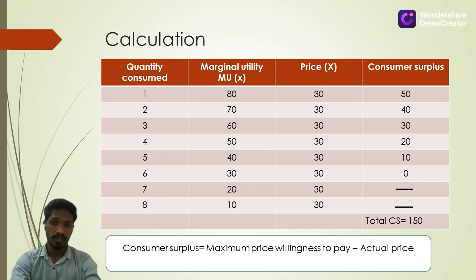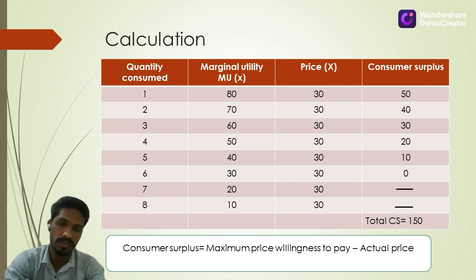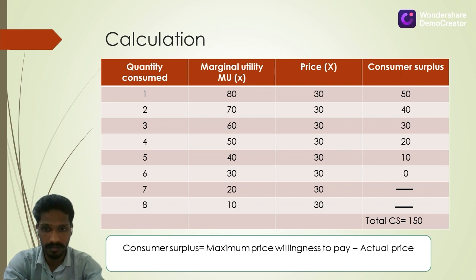The consumer is paying the actual cost, and the cost is equal to the utility he is deriving. So 30 minus 30 gives him no excess, so there is no surplus. Thus the consumer surplus at this level is zero.